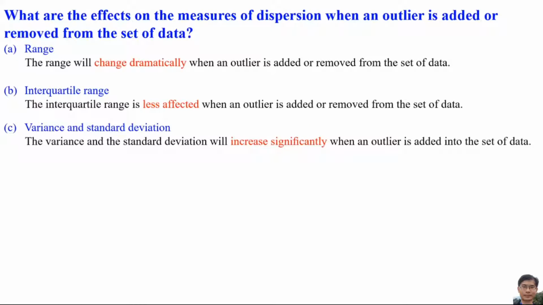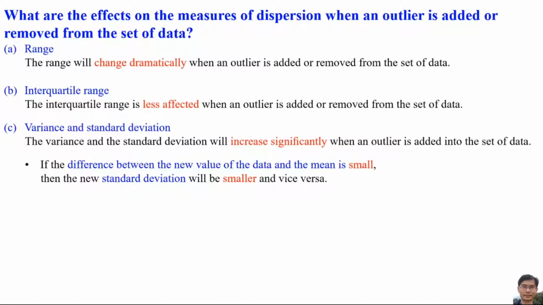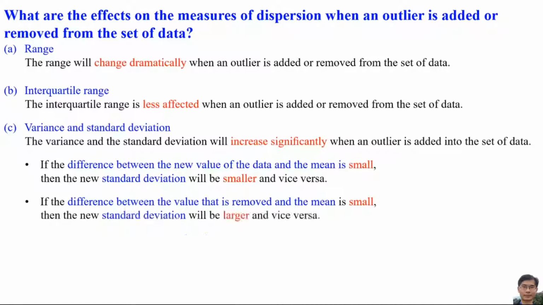The variance and standard deviation will increase significantly when an outlier is added into the set of data. If the difference between the new value of the data and the mean is small, then the new standard deviation will be smaller and vice versa. If the difference between the value that is removed and the mean is small, then the new standard deviation will be larger and vice versa. C will be proved in example 13.